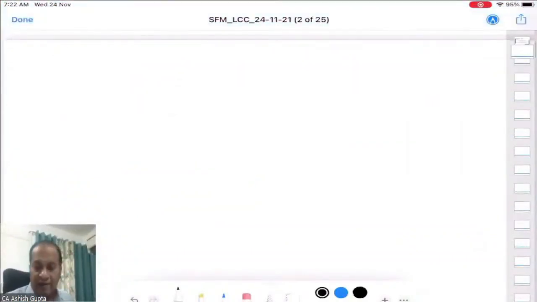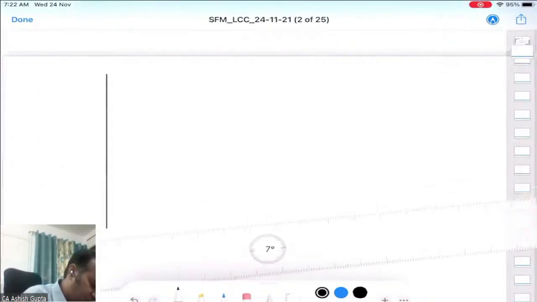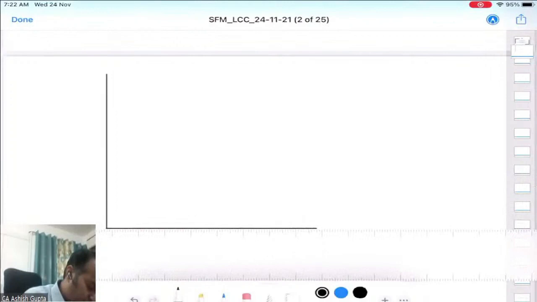If we assume that our interest rate will be the same, as we have normally done in the question, so we have assumed that our interest rate was the same for each year. So in that case, the shape of the curve will be like that.